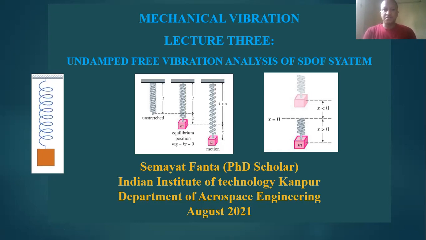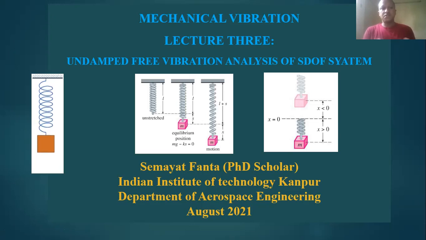In the actual case, this mass oscillation is not like what we are observing from this picture. After some time, it will come to this static equilibrium position. But in the ideal case, we are talking about free vibration.